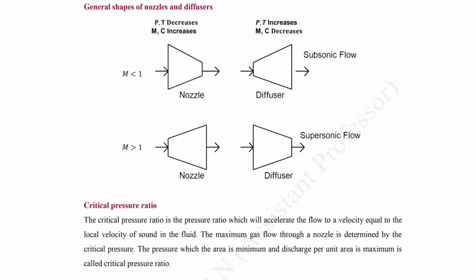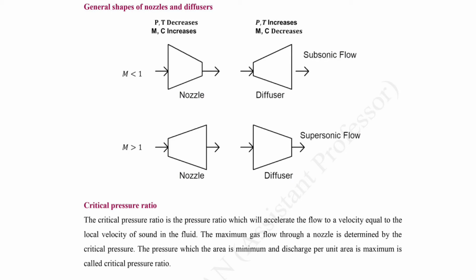And there are different shapes of nozzles and diffusers. Here the pressure and temperature decrease and Mach number increases. When the Mach number is less than 1, the nozzle entrance area will be high compared with the nozzle exit area.